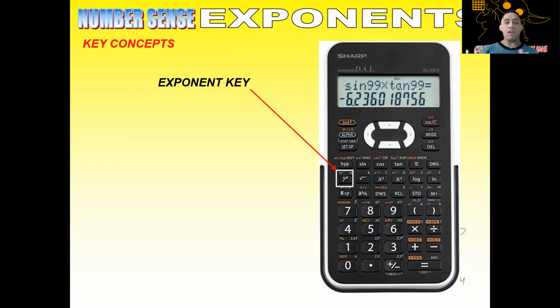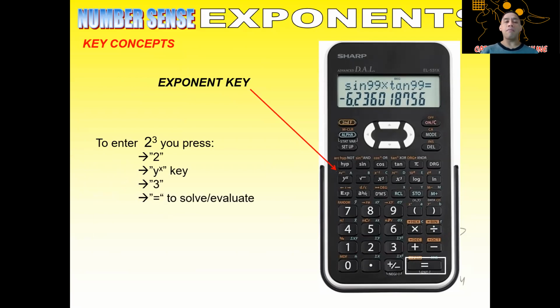All those keys represent the exponent key and will do the exact same thing. For example, if you wanted to evaluate 2 to the exponent 3, all you would have to press is 2, the exponent key, 3, and then equals to get the value, which you would see to be 8.